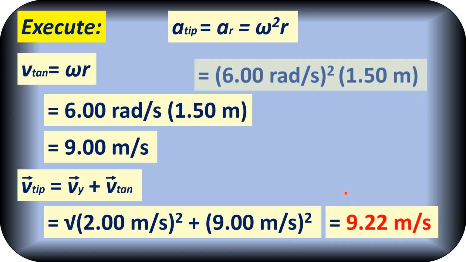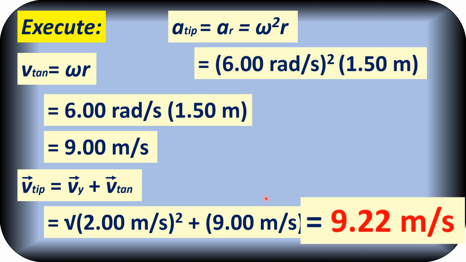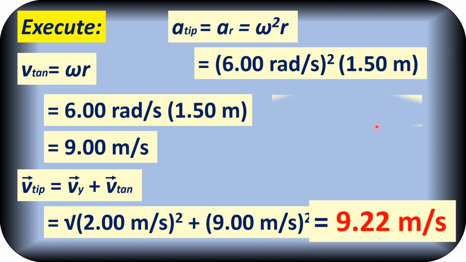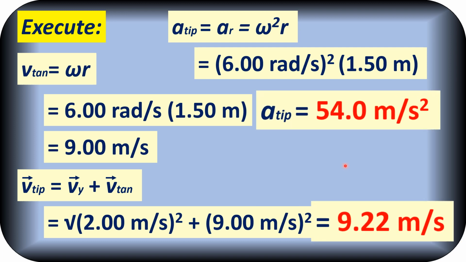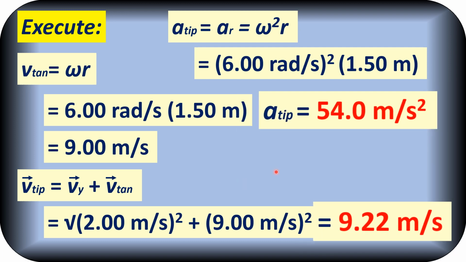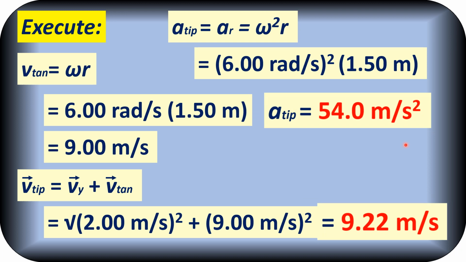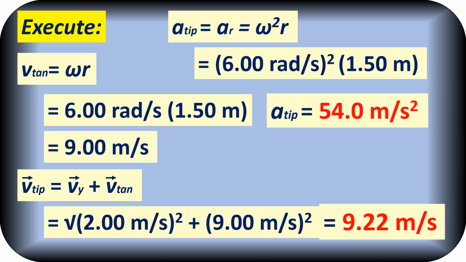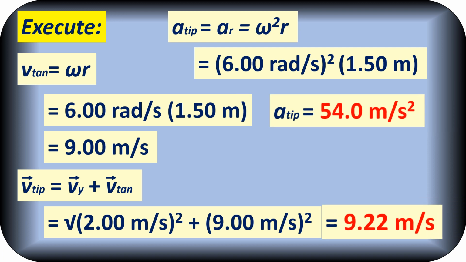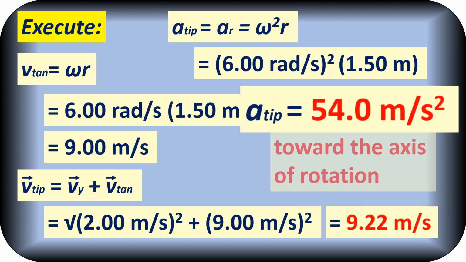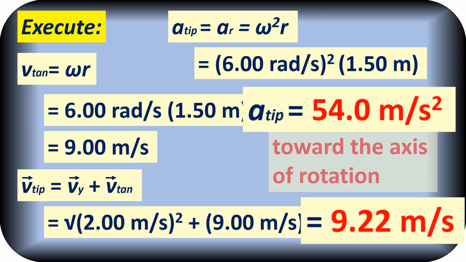So substituting, we have the square of 6.00 radians per second times 1.50 meters, and we will get the magnitude of the acceleration of the tip of the hammer equal to 54.0 meters per second squared, again in three significant figures. So by definition, this is directed towards the axis of rotation.